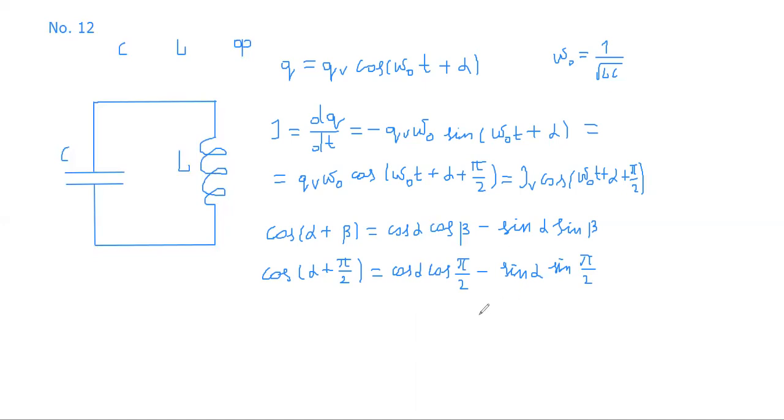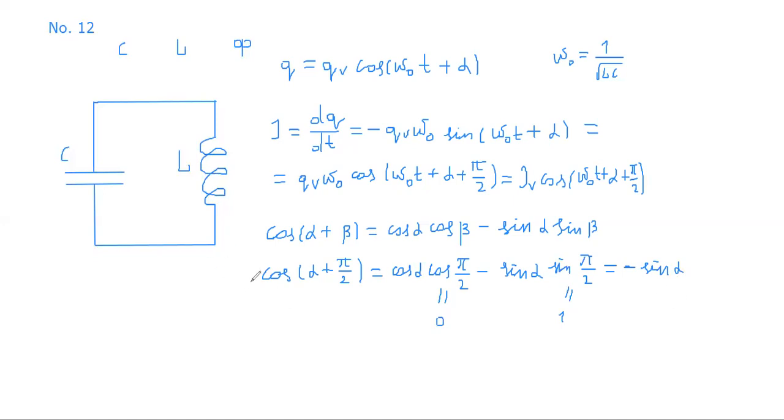Okay, so from here we have cosine of pi divided by 2, this is equal to 0, and sine of pi divided by 2 is equal to 1. So we have minus sine alpha.